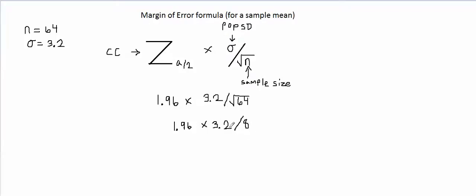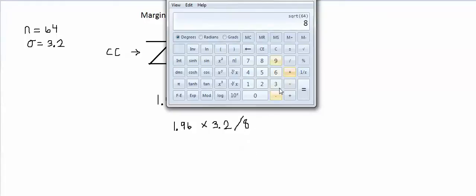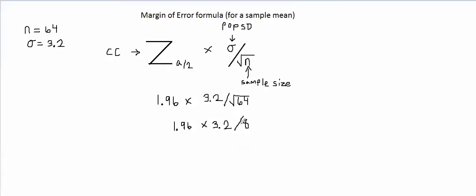Now step 2 will be dividing this fraction, dividing 3.2 by 8. 3.2 divided by 8 is 0.4. So we're going to change this whole thing to 0.4. Now it's just 1.96 times 0.4. So step 1 was the square root. Step 2 was dividing the fraction. Step 3 is just going to be multiplying.